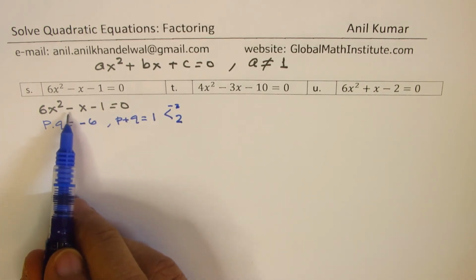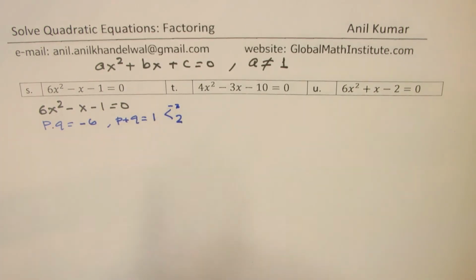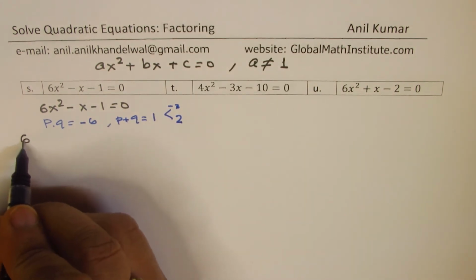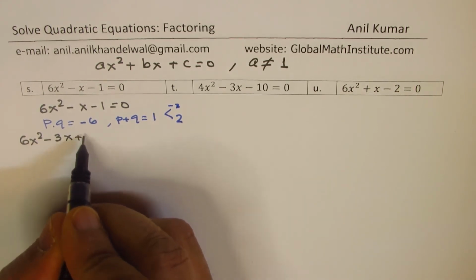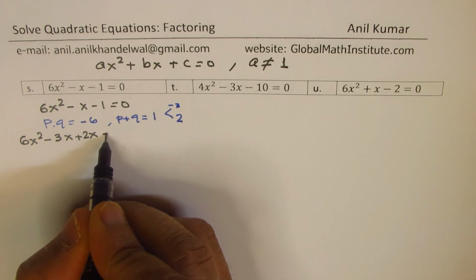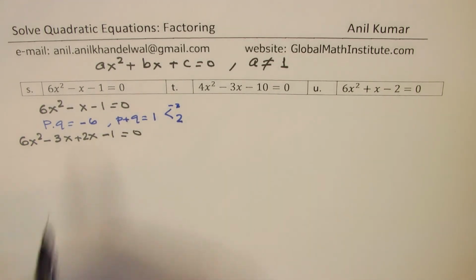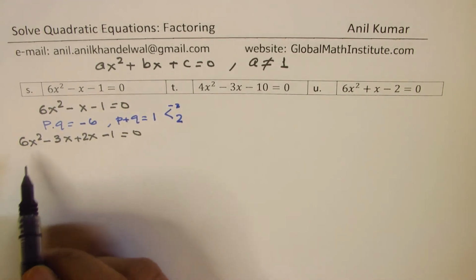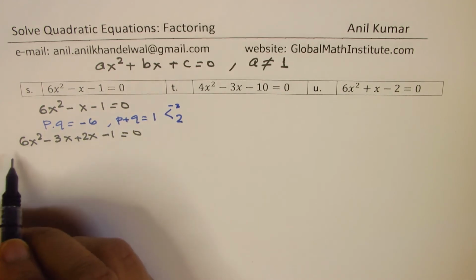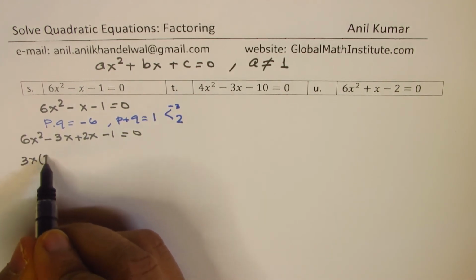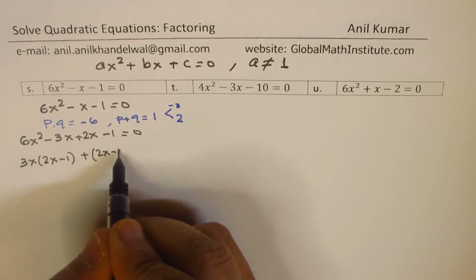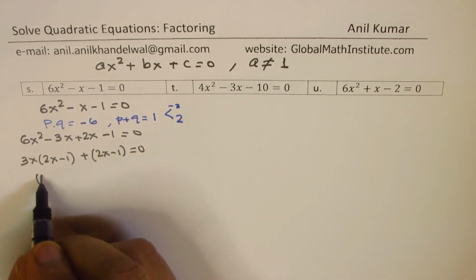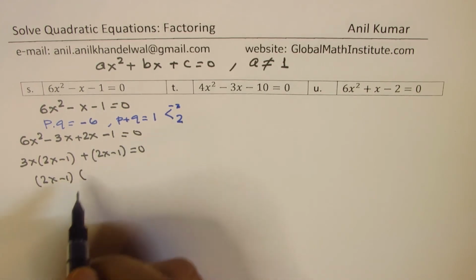So we'll split minus x in terms of these two numbers, right? So see the difference in our strategy now. We have got 6x squared minus 3x plus 2x minus 1. That gives you minus x, right? Now we'll do group factoring. So factor 3x from the first two terms. We get 3x times 2x minus 1. And here we already have 2x minus 1. 2x minus 1 is a common factor.